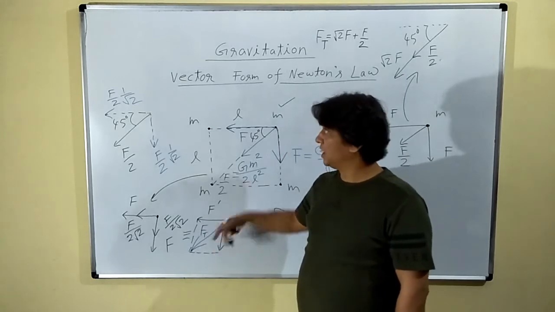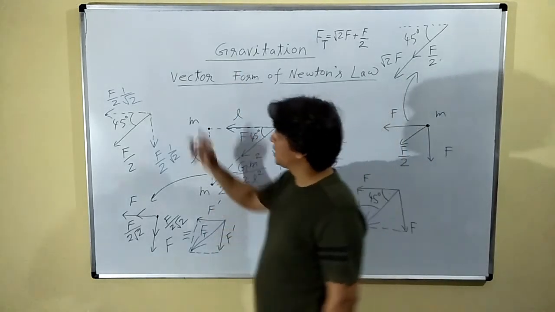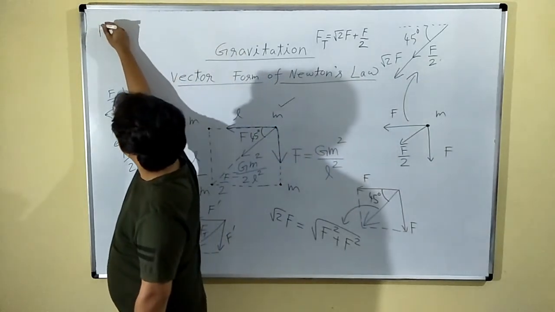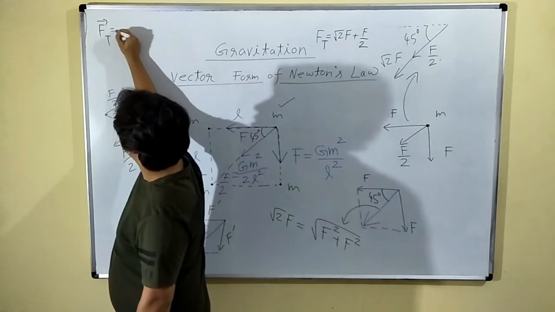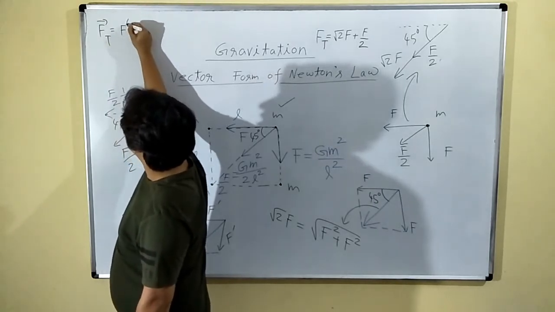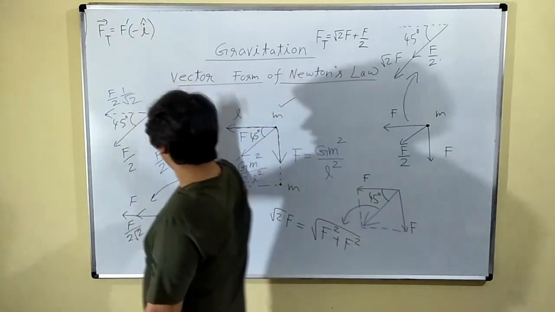ये जो F total है, इस F total को हमने क्या बना दिया? This F total is now what? F dash is pointing towards minus I cap.